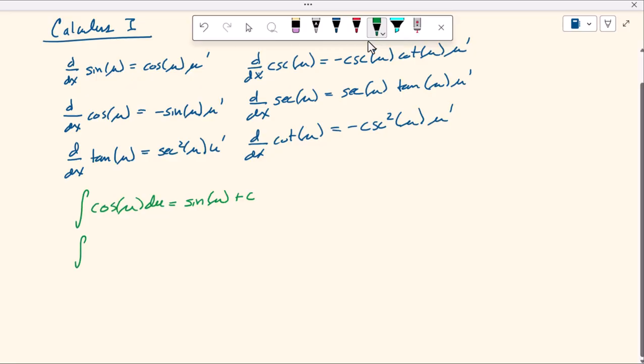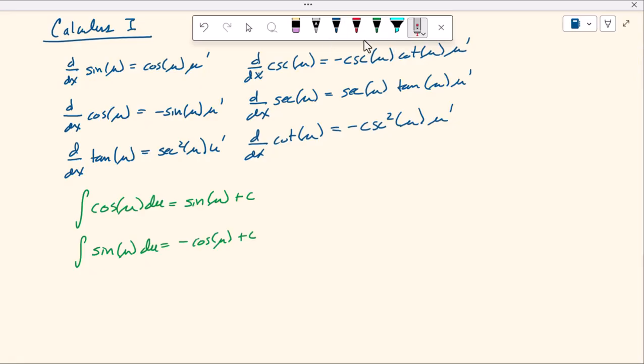So the integral of the sine of u du is negative cosine of u plus c. So that came from this one right here. When I integrate sine, notice I have this negative left over, and so I move that across.